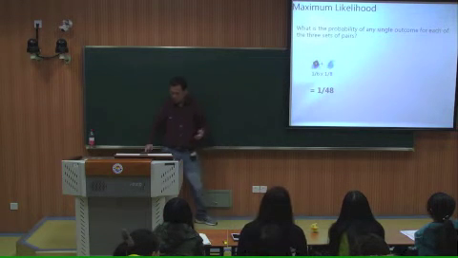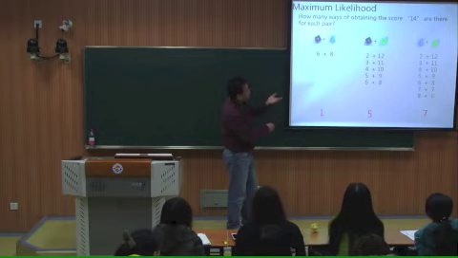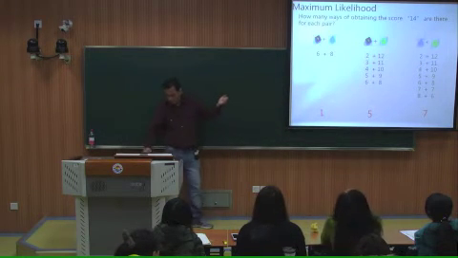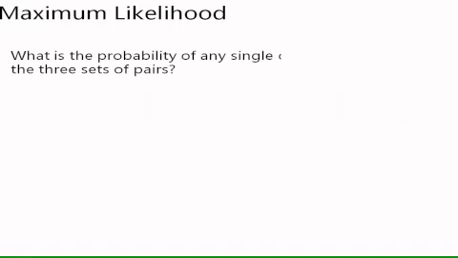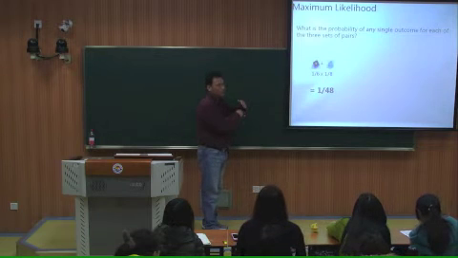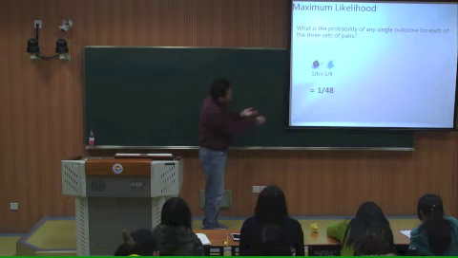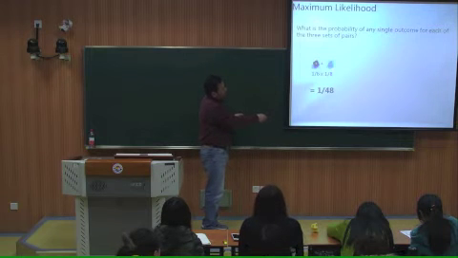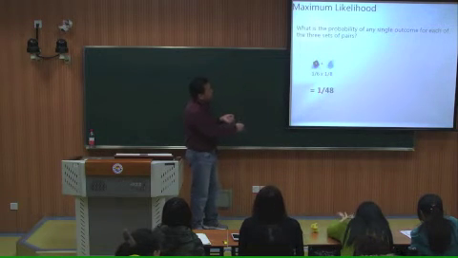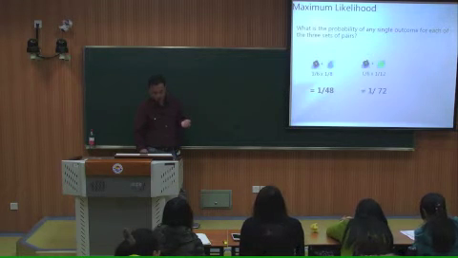If you remember from the previous slide, for the 6-face dice we have to have the number 6 face up, and for the 8-face we have to have the number 8 face up. The probability of the 6 is 1 divided by 6. If you have 8 face up, it's 1 from 8. So you multiply these two together. If we use these two dice, the likelihood is 1 in 48.